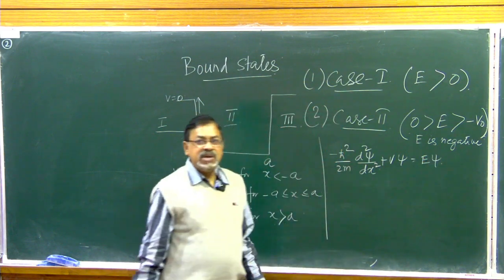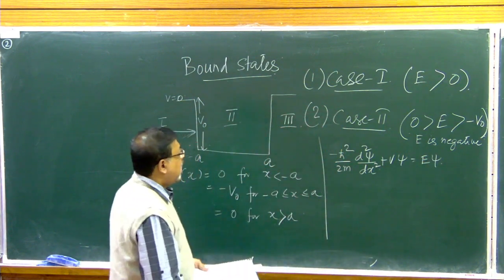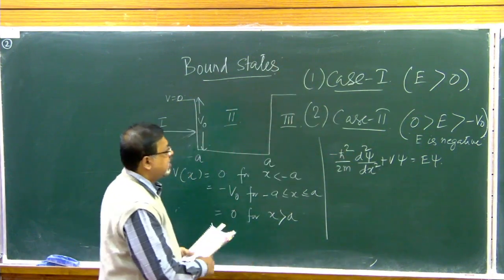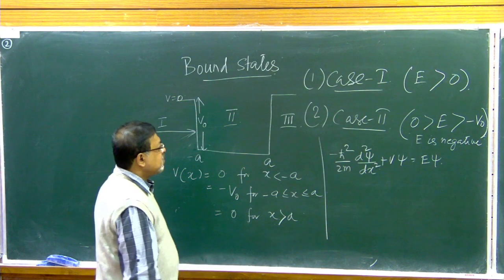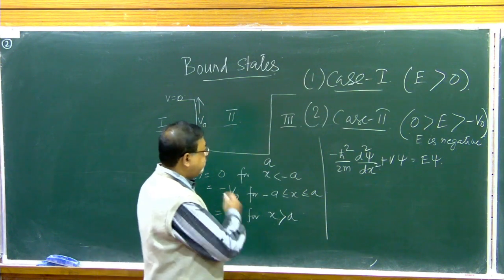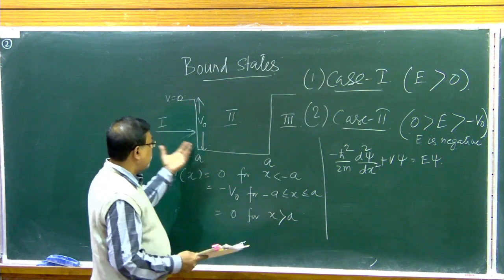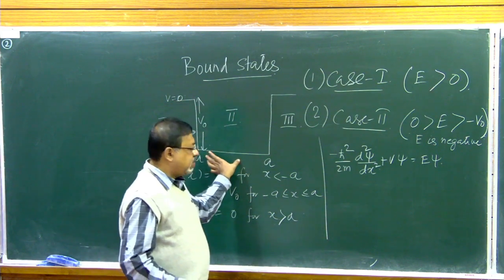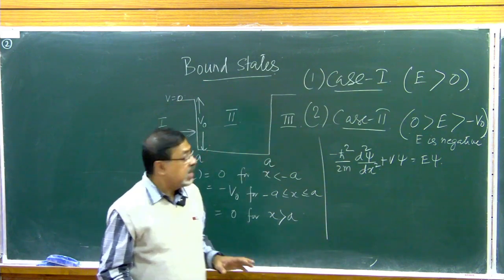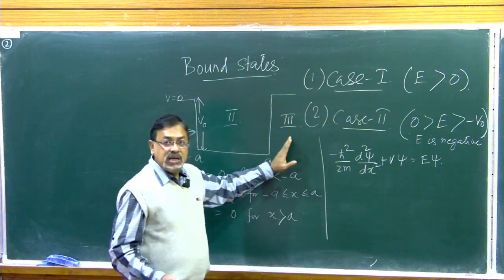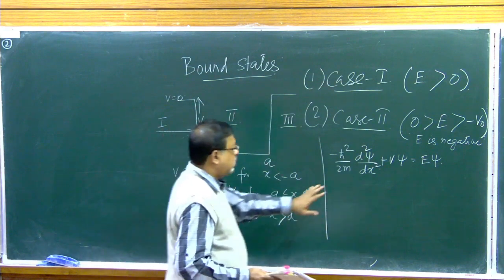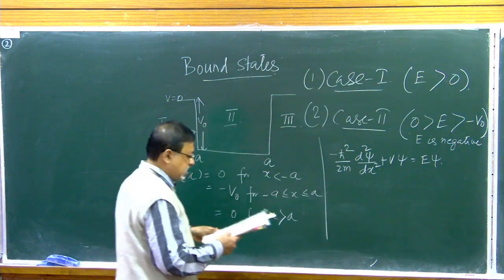That is the time independent Schrodinger equation. We have both the cases, E greater than 0 and E less than 0, and we have three distinct regions: one is to the left of minus a, the other is between minus a and plus a, and the one on the right is x greater than a. We are going to solve this equation for these three regions.